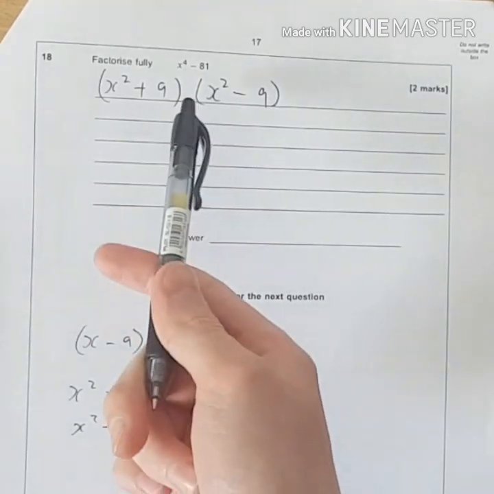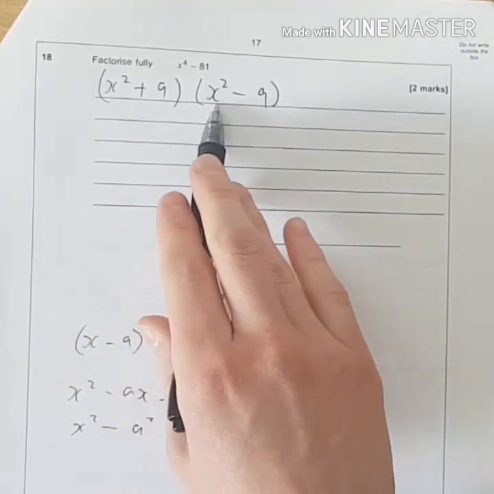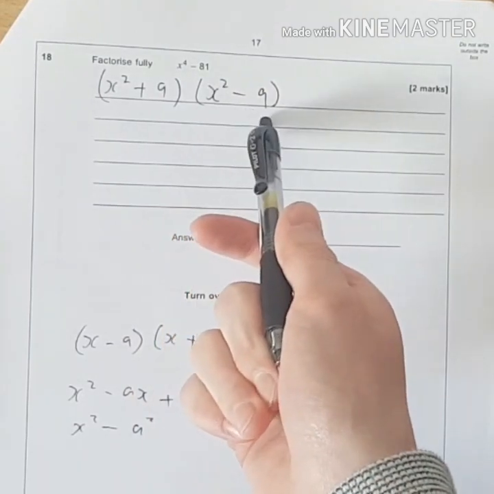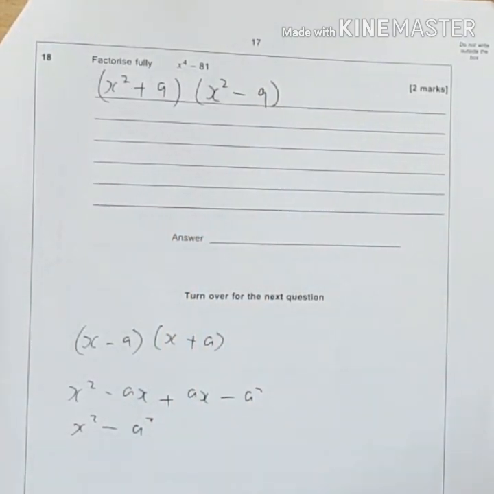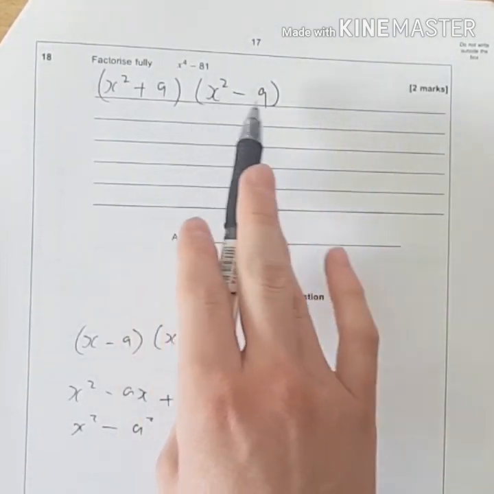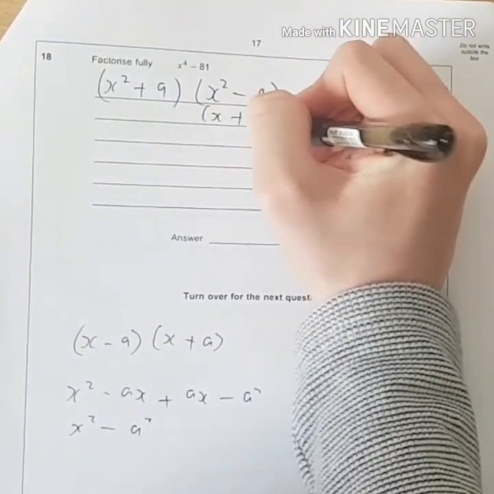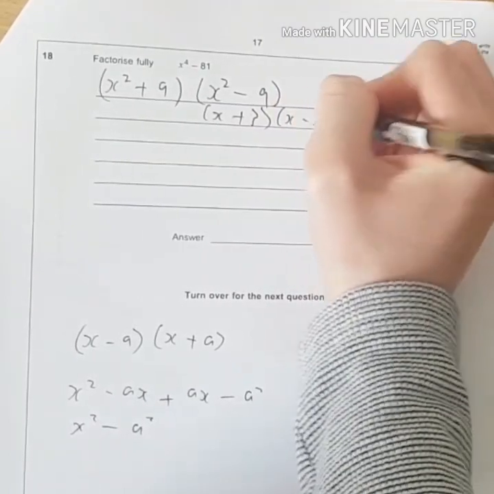However, you can also notice that we have another difference of two squares. x squared and 9 are both square numbers. So we can factorize this once more, giving us x plus 3 and x minus 3.